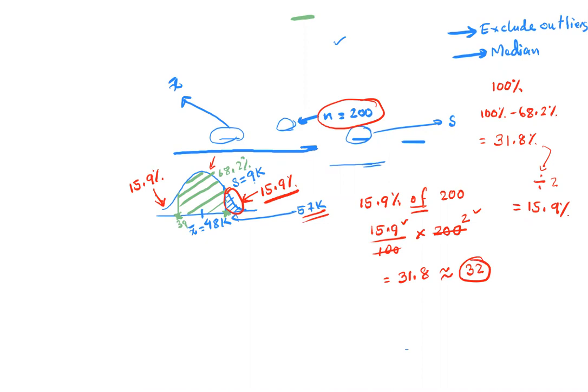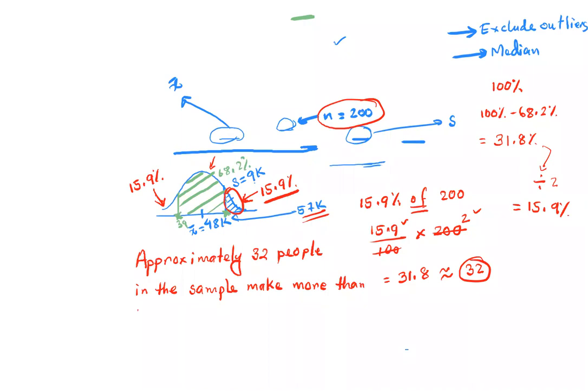So your answer should be approximately 32 people in the sample make more than 57,000 per year. And that's how you do this problem.